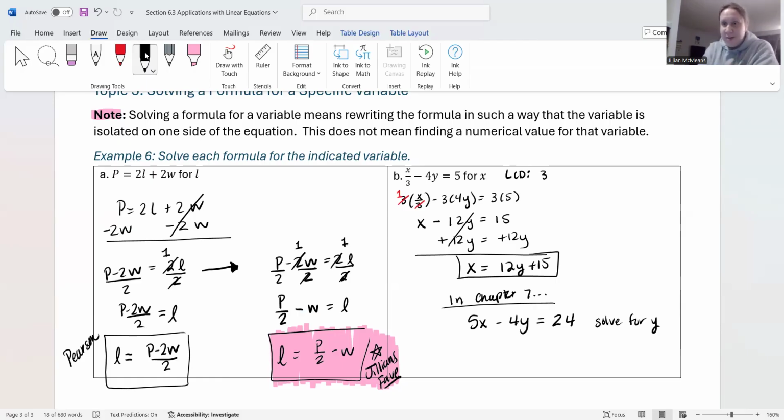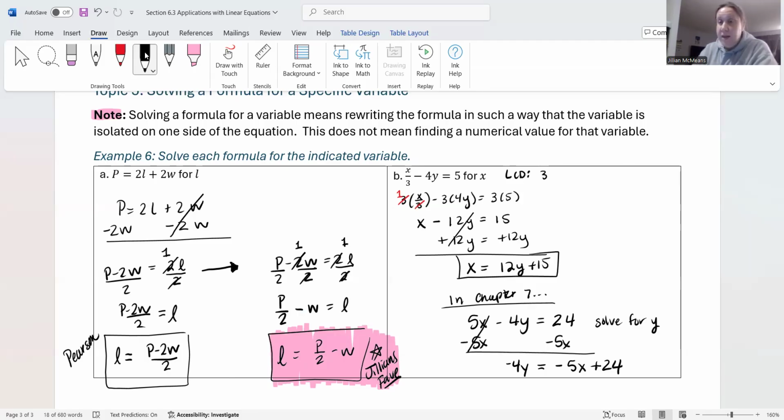We'll talk all about it when the time comes, but this is a very classic example of solving a formula or solving an equation for a specific variable. So if I were to solve for y, I would first want to isolate the negative 4y. So I would subtract 5x. 5x on the left cancels, leaving me with negative 4y. That equals negative 5x plus 24.